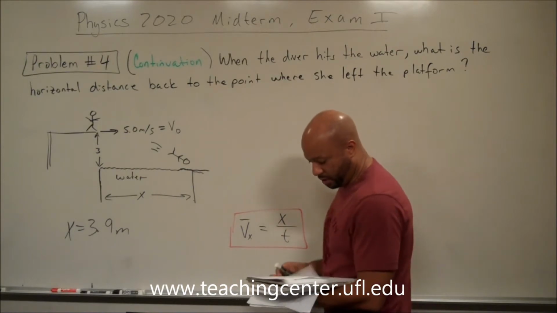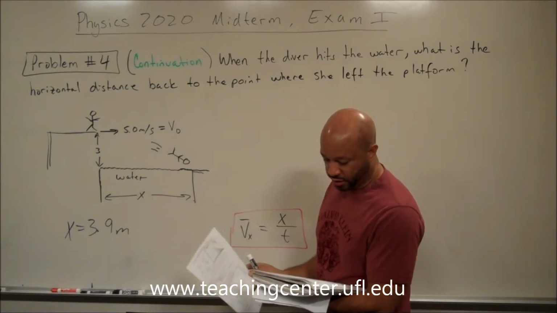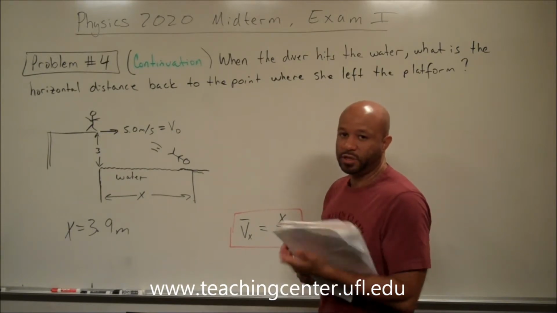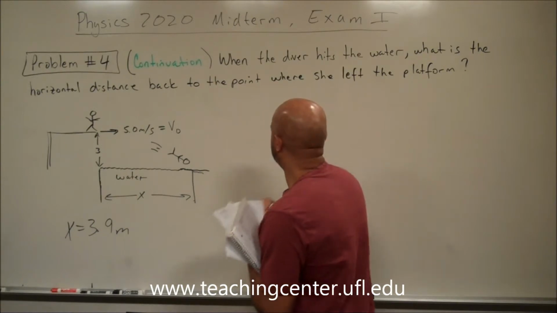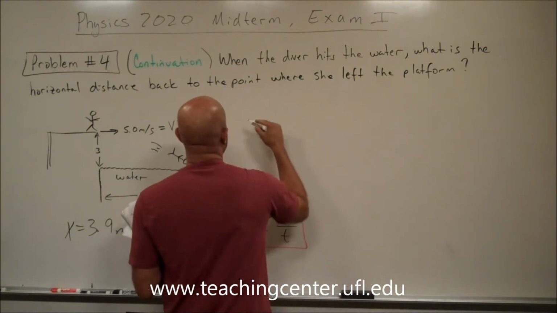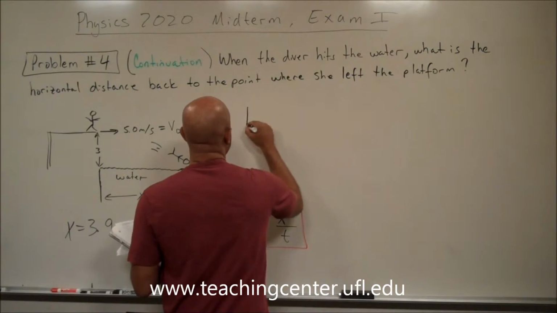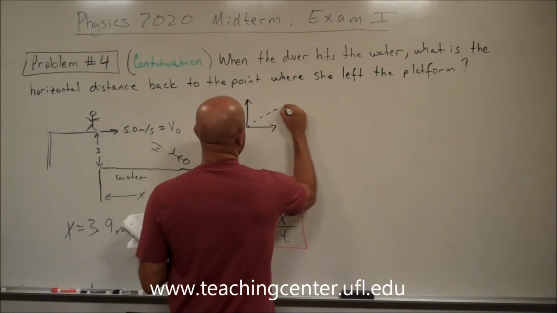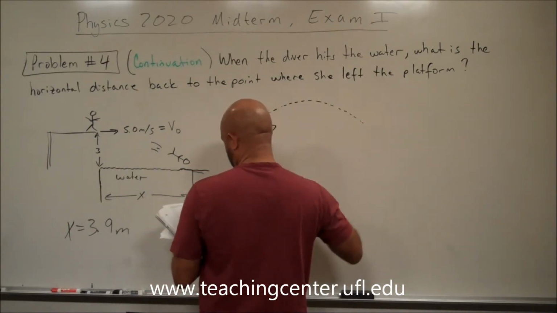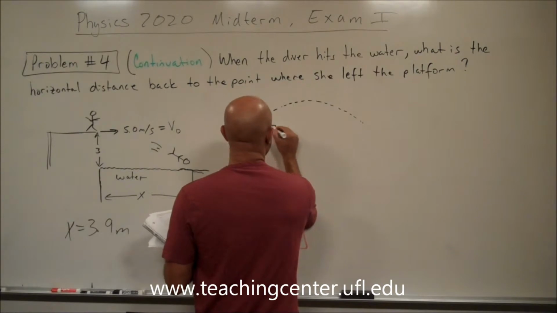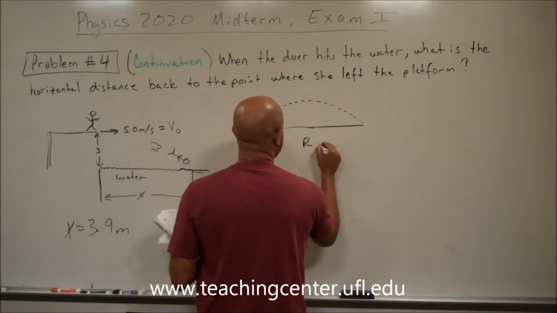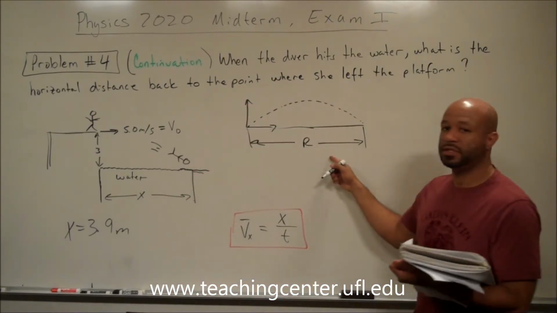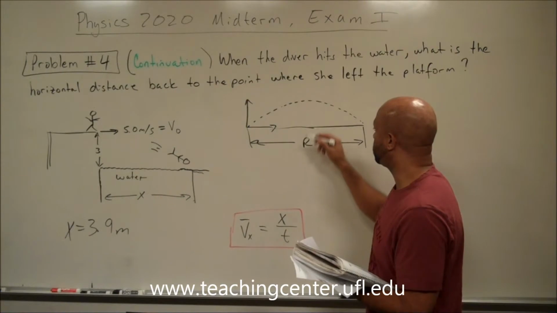So, some of you may have gone to the formula sheet and tried to use the formula that deals with the range, okay? Since we're having something with projectile motion, we know that the range is basically the distance that a projectile travels in the x direction.